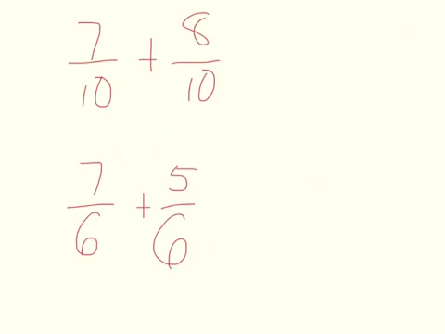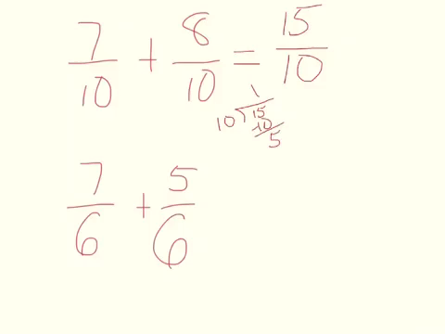Okay, here we have 7/10 plus 8/10, and I'm going to add the 7 and the 8. That gives me 15. I keep my denominator the same. Now you should be thinking to yourself that this is a fraction greater than 1, and you would be correct because the numerator is bigger than the denominator. So I am going to divide, and I get 1 with a remainder of 5/10.